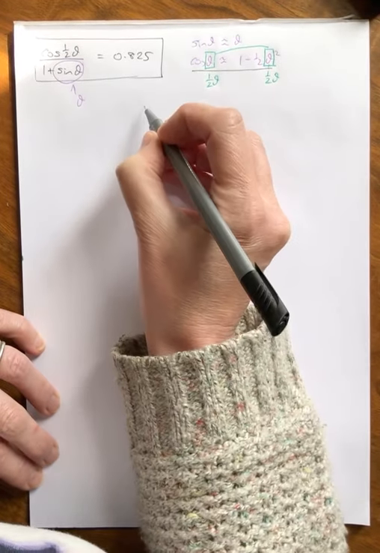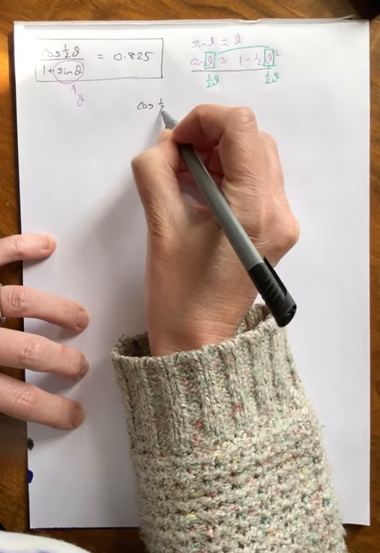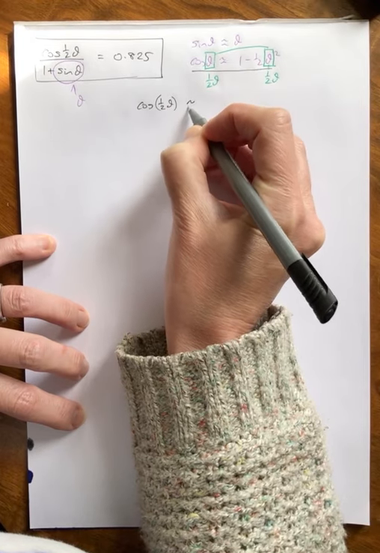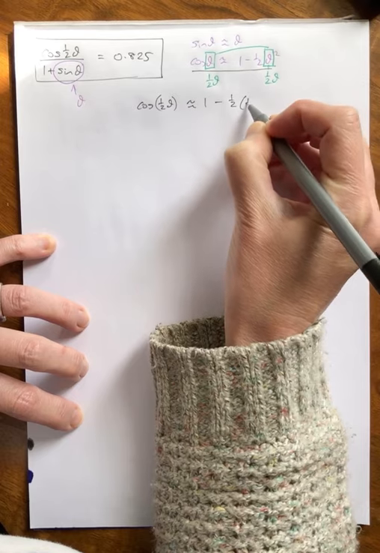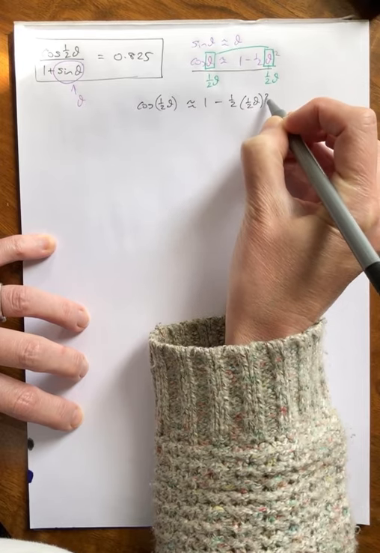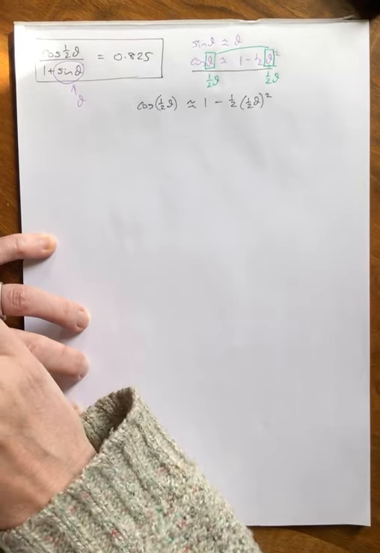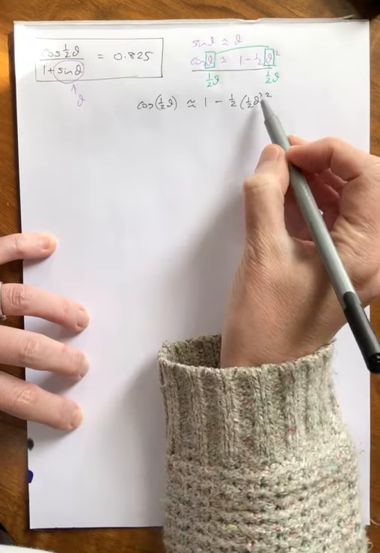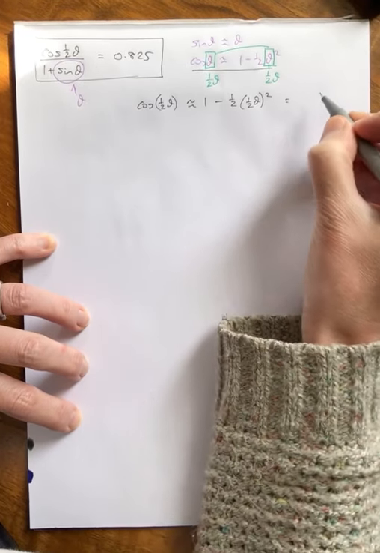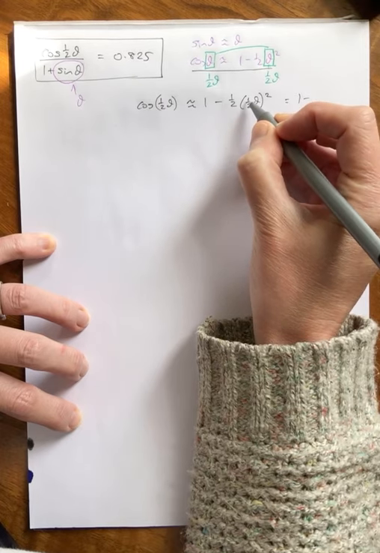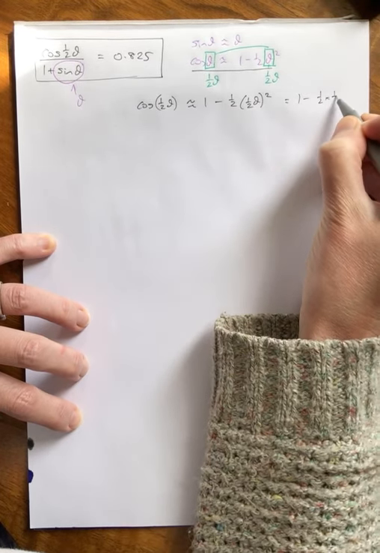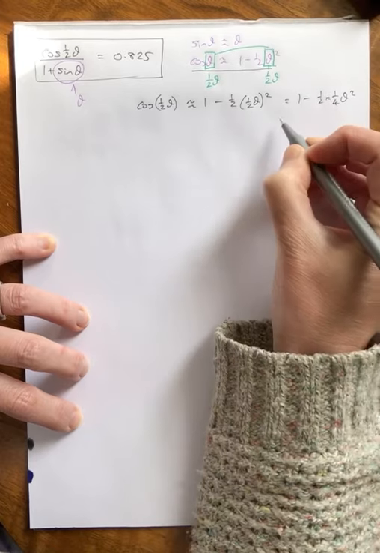So if I am working out cos of a half theta, that is approximately equal to 1 minus a half, and in place of theta I need to put a half theta. When I square that, I end up with 1 minus a half times a half theta squared, which will be a quarter theta squared.